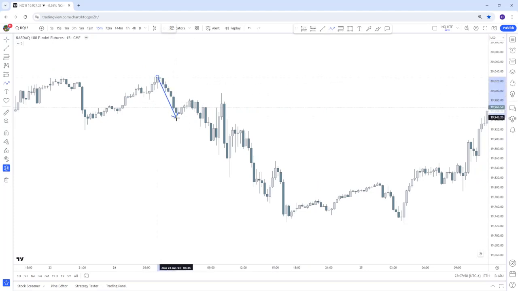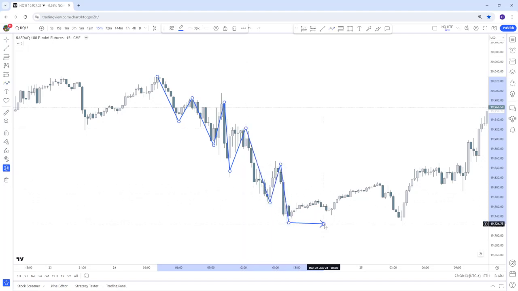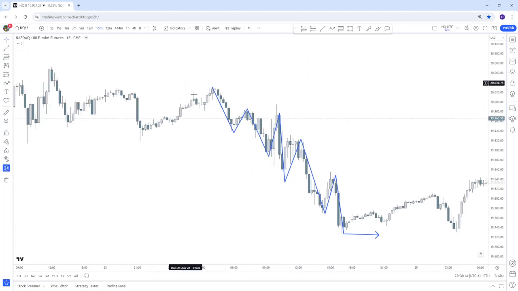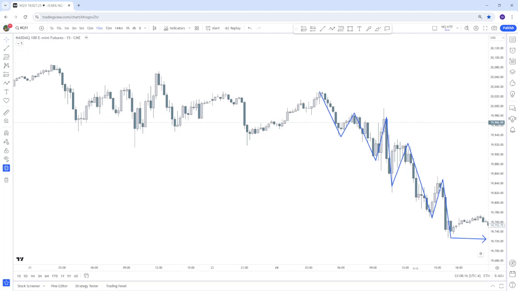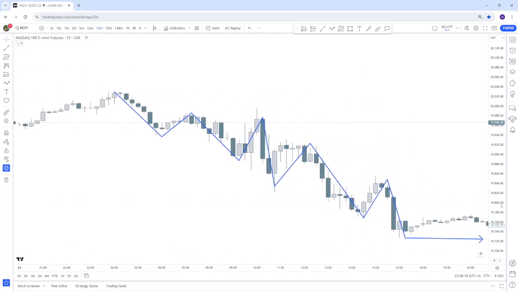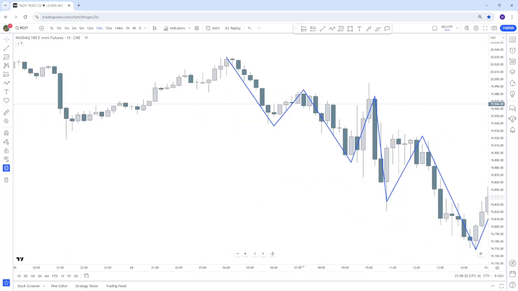Here we come down, make a high here, come down, make a high, come down, make a high, come down, like that. Sometimes it's a bit difficult to see because it's kind of chaotic, but again, you need to find the order in the midst of the chaos and randomness.